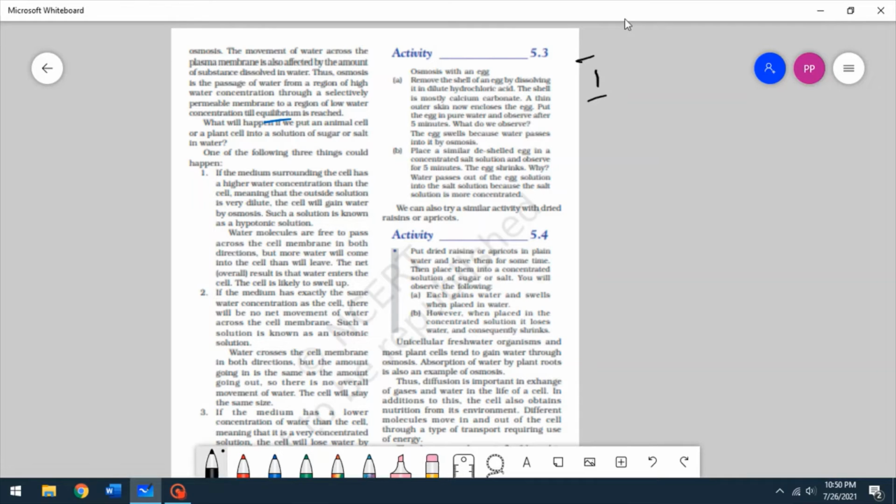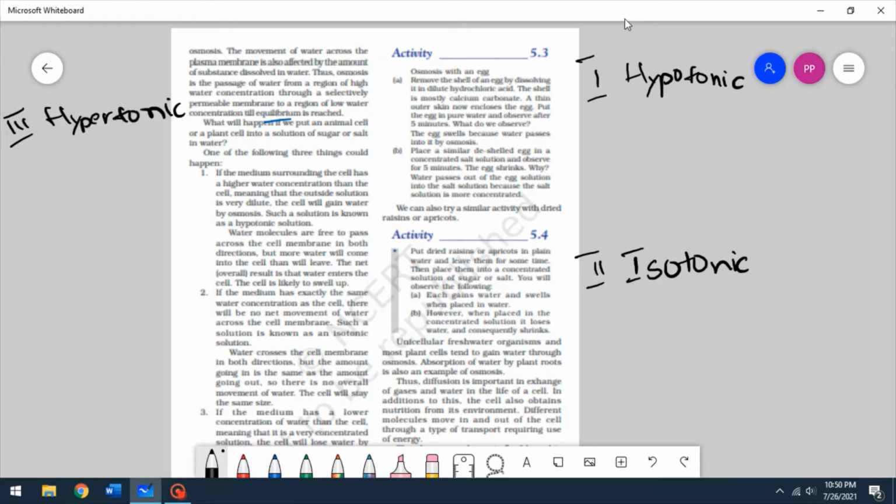Situation 1 would be hypotonic. I'm just going to name them, and I will explain what's what later once I name all of them. So the three types are hypotonic, isotonic, and hypertonic.